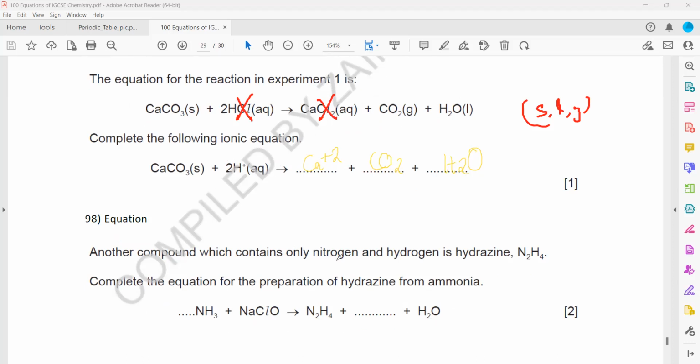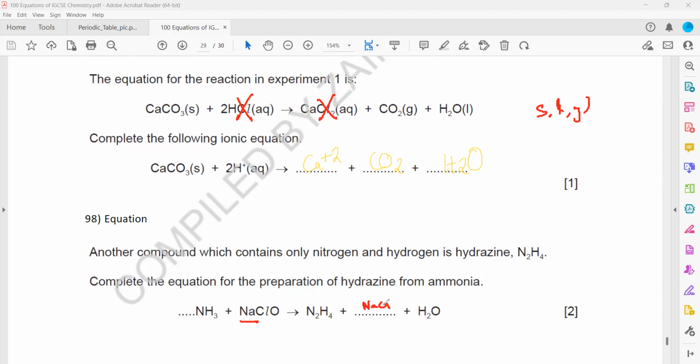Another compound which contains only nitrogen and hydrogen is hydrazine, which is N2H4. Complete the equation for preparation of hydrazine from ammonia. What should be the product? Like you can see nitrogen is used here, hydrogen. What are we left with? NaCl. So Na is there because you don't find Na and Cl in the whole equation, so we are left with NaCl.